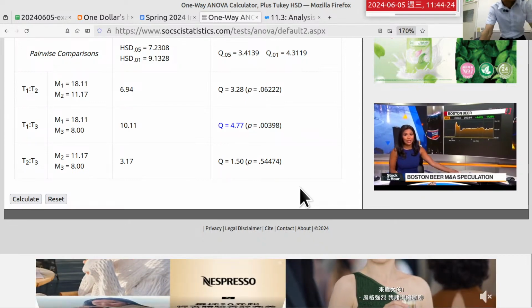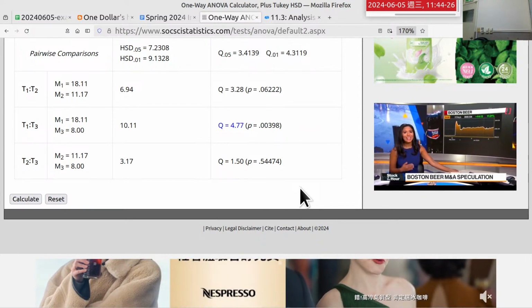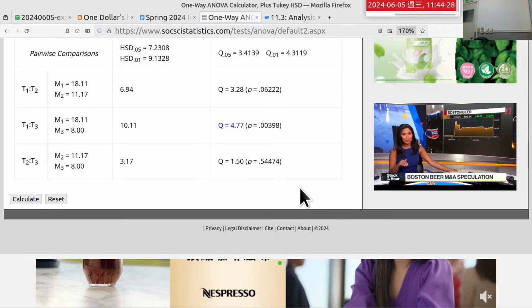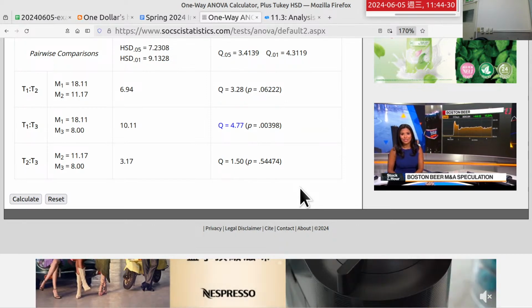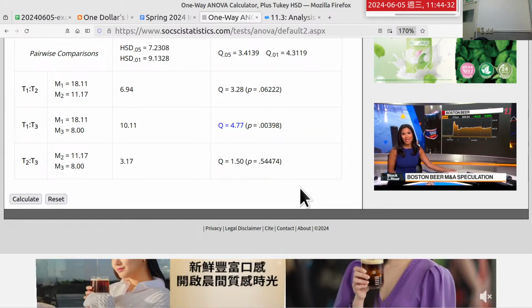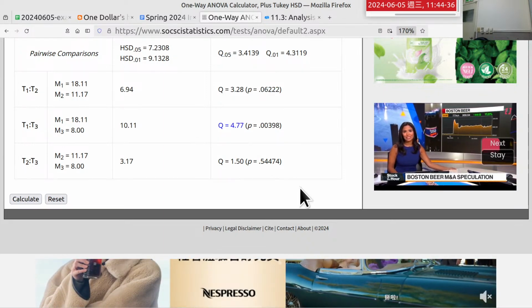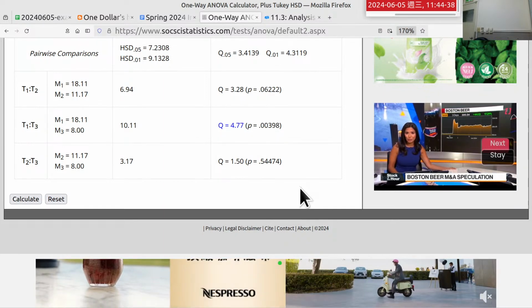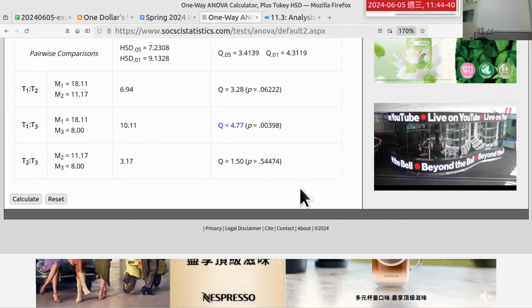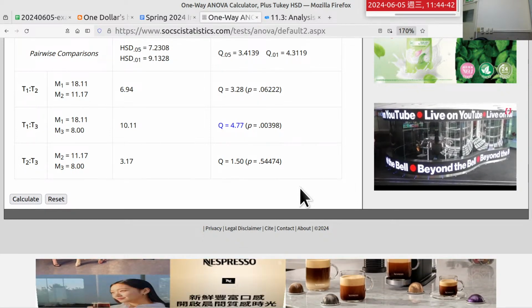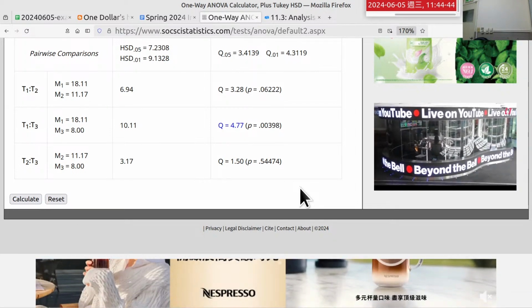You may ask which two groups have the significant difference. And from the test, we know between group 1 and group 3, there is a significant difference because the p-value is very small here. But when we compare group 1 to group 2, and group 2 to group 3, no significant difference.